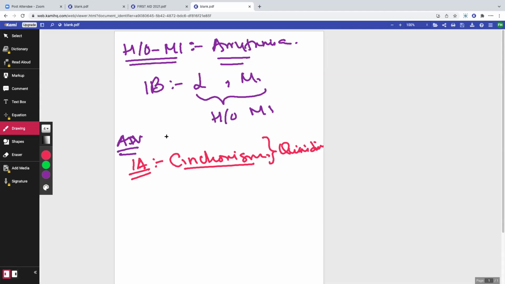I honestly do not remember the name of the plant, my apologies, but there was a plant which resulted in headache and tinnitus when people took it. So cinchonism is very highly associated with quinidine because this drug is synthesized from that plant.